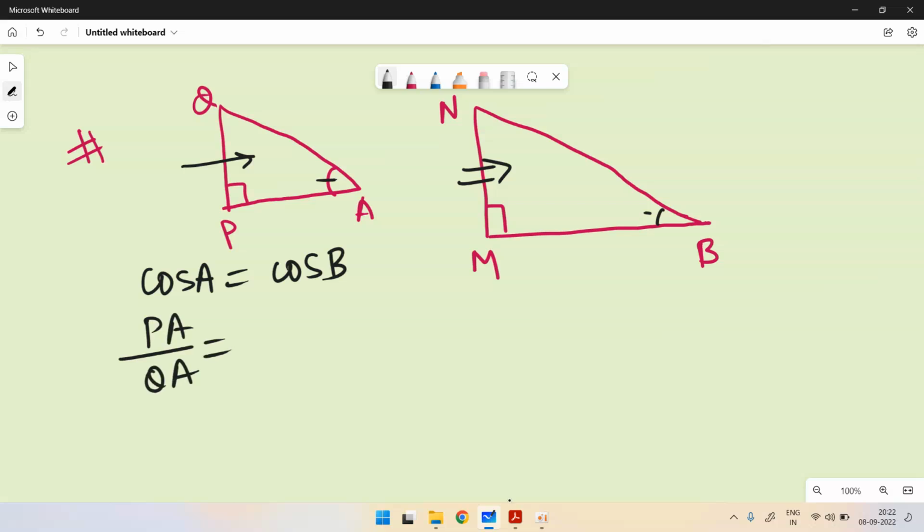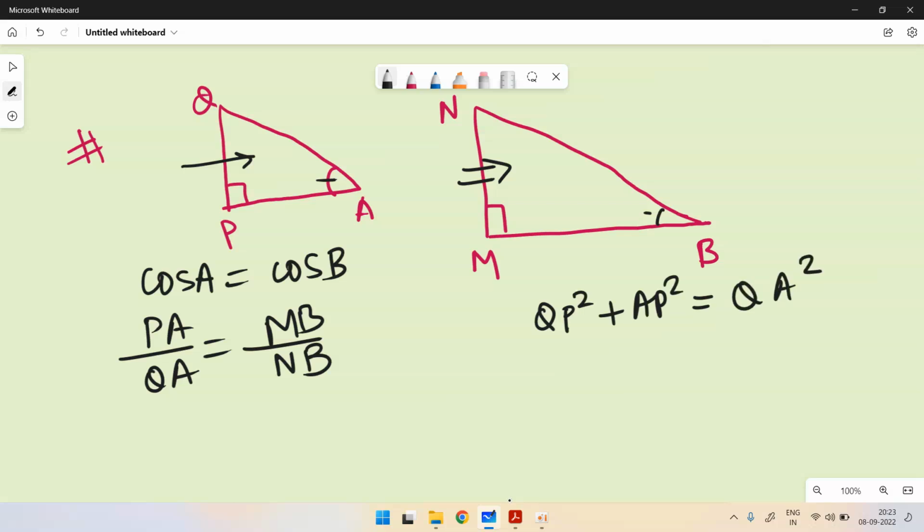From here cos B is base NB by hypotenuse NB. This ratio will be equal. And you know that QP square plus AP square equals QA square.